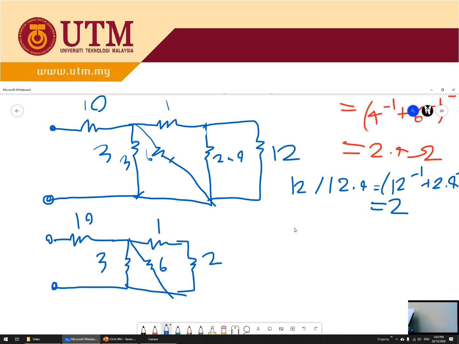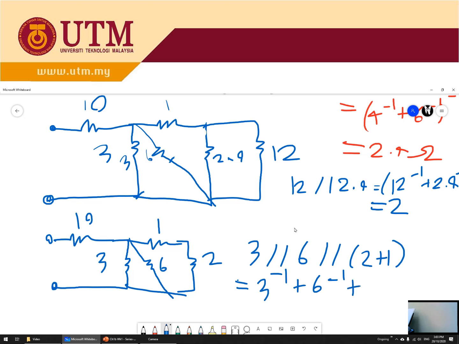This one also is in parallel. So 3 parallel with 6 parallel with 1 plus 2 plus 1 because it's in series. So 3 reciprocal plus 6 reciprocal plus 3 reciprocal. And don't forget to reciprocal all.